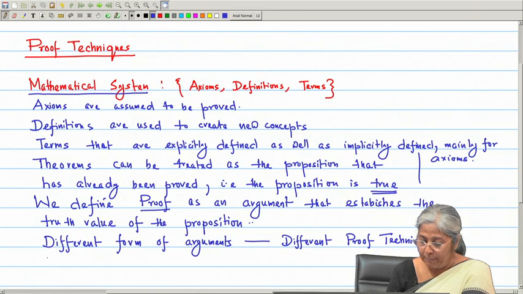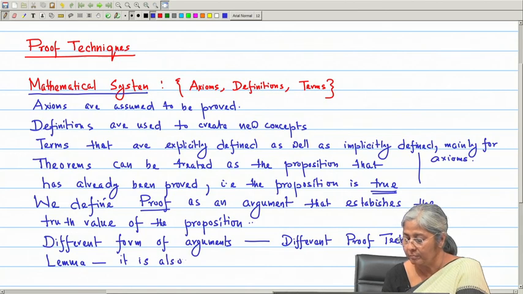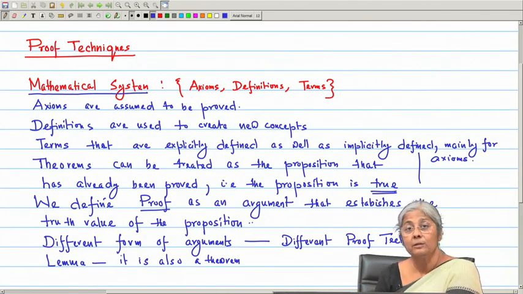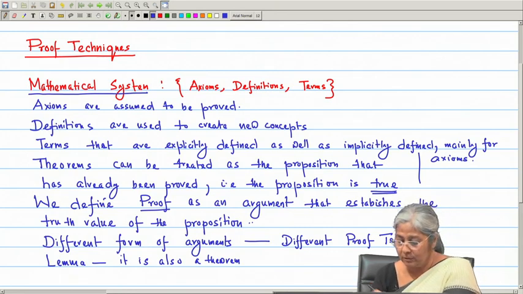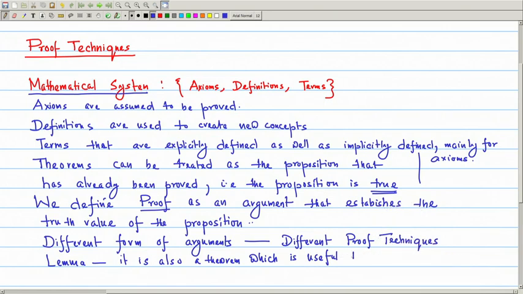We know that a lemma is also a theorem which is not very important to prove, but is very useful to prove another theorem.